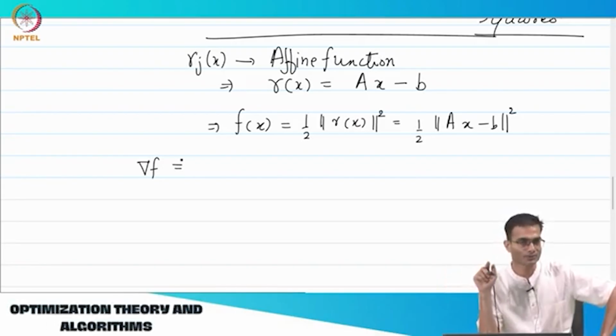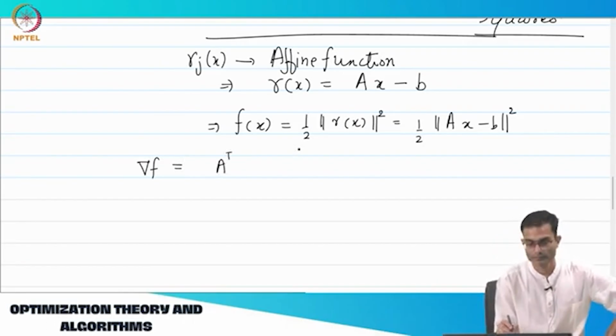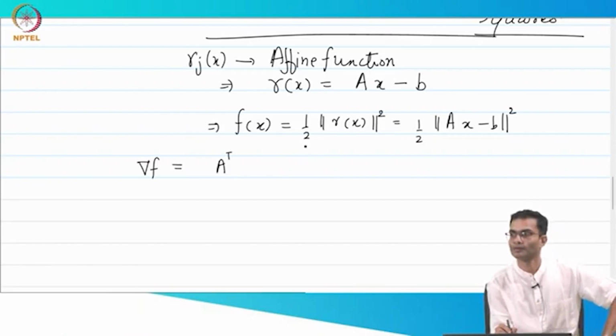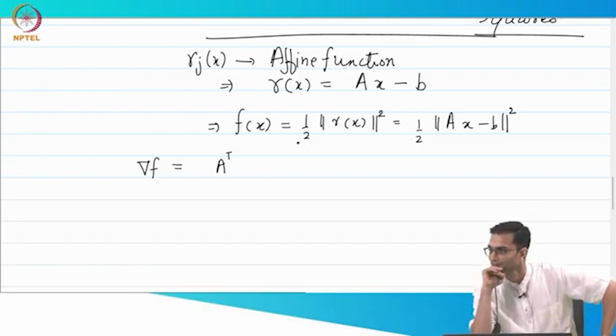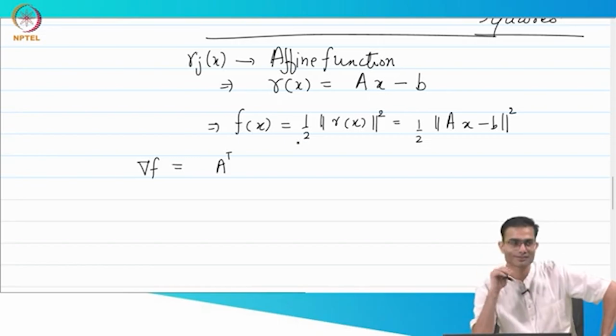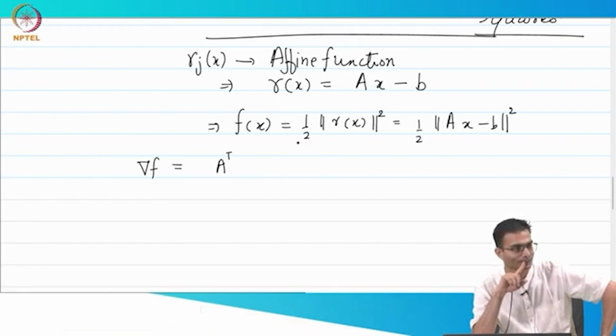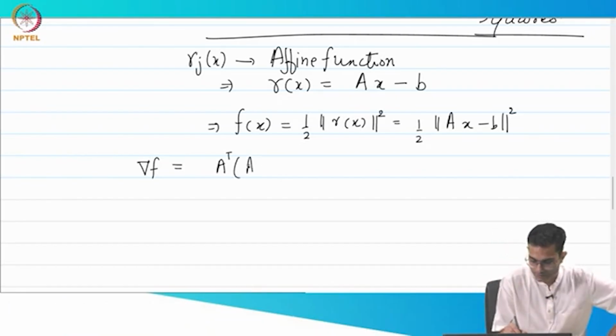A transpose multiplied by, you shouldn't forget this, Ax minus b. Exactly right.